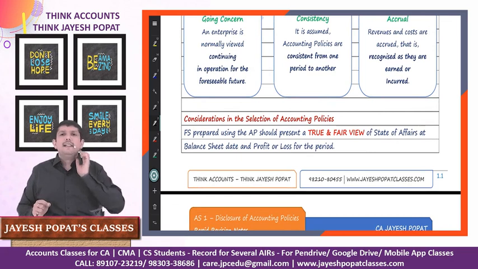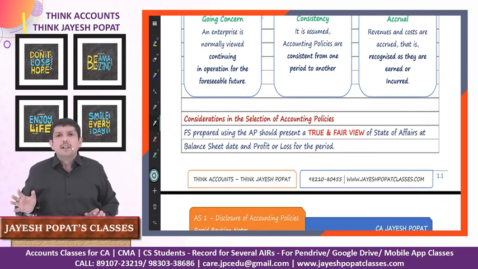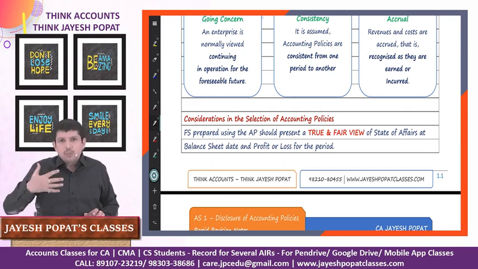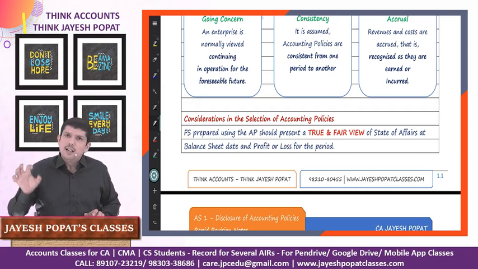Now, we have already said that there is no single list of accounting policies, and the management of the enterprise is responsible to use its judgment and select the accounting policies. So what should be the thought process in the mind of the management? What should be the consideration while selecting these accounting policies?